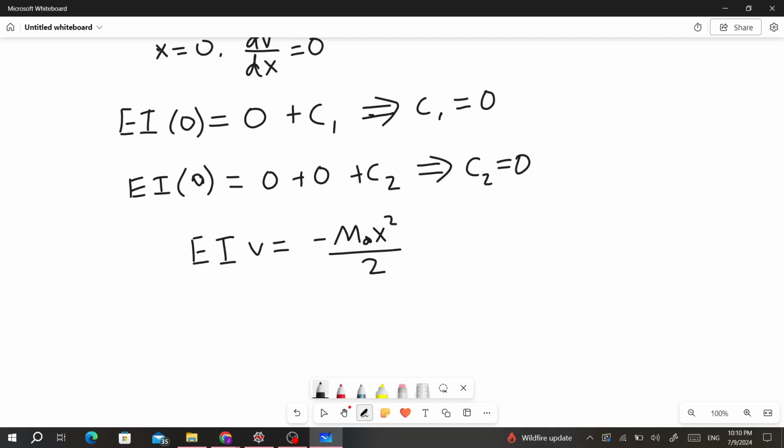If we rearrange it so that we have v alone on the left hand side, we have v equals minus M naught x squared divided by 2EI.